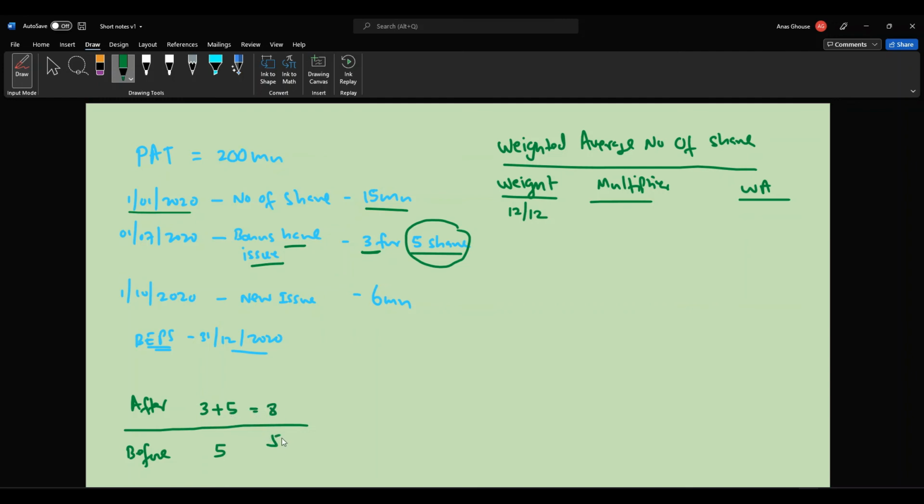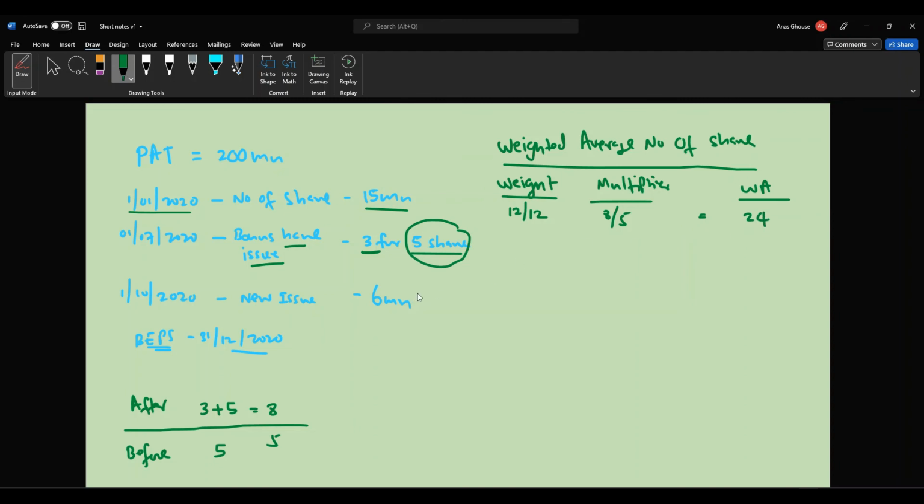So 8 divided by 5. If you calculate, 15 million divided by 5 times 8 is going to be 24 million.